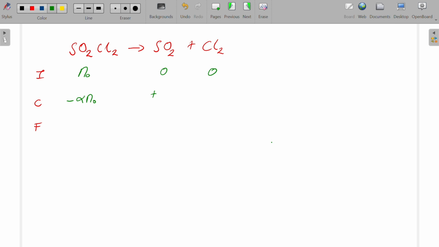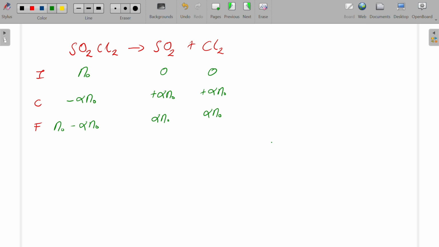What we lose there is what we are gaining here, so we have alpha times N initial for each product. At the final stage, we have N initial minus alpha N initial for the reactant, and just alpha N initial for each of the products. So this is our ICE table, and this is what we have at equilibrium or at the final stage.